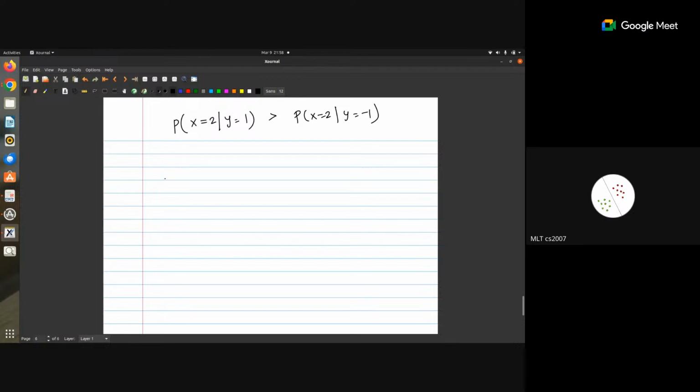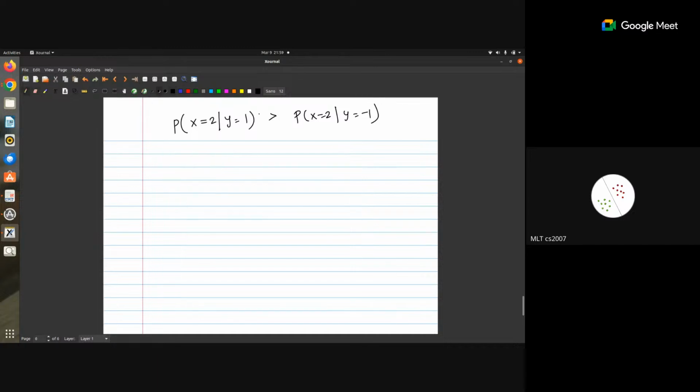That is the part. So what we have to do here is find out the probability that y equals 1 given x equals 2. Maybe we can write it like this.